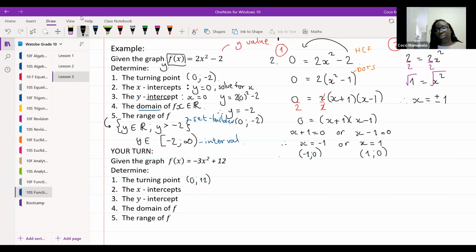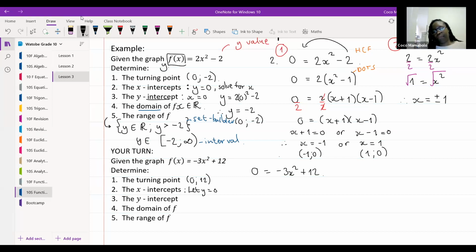What would I have to do? Can I do it, ma'am? Yes, absolutely, go for it. Okay, let y be 0. Good, let y equal 0. 0 equals negative 3x squared plus 12. Good. Next step.